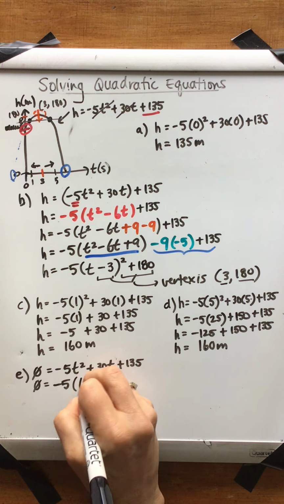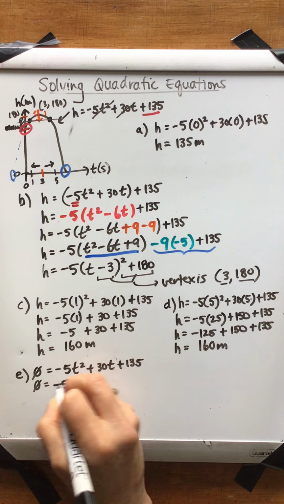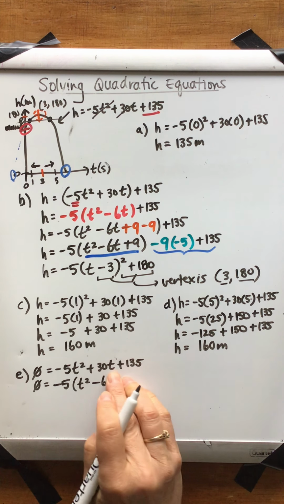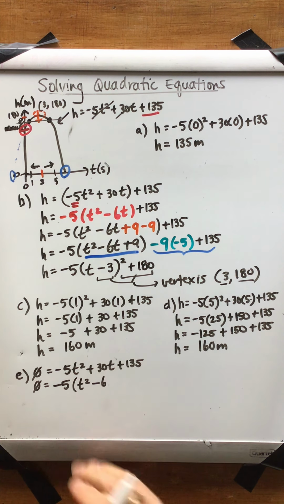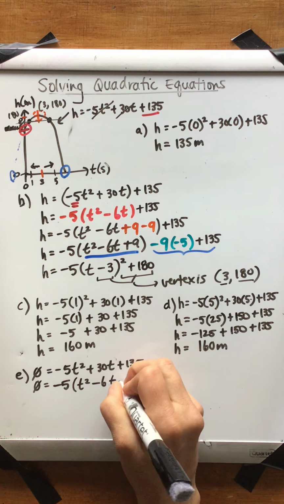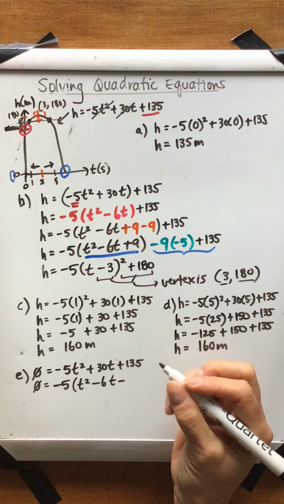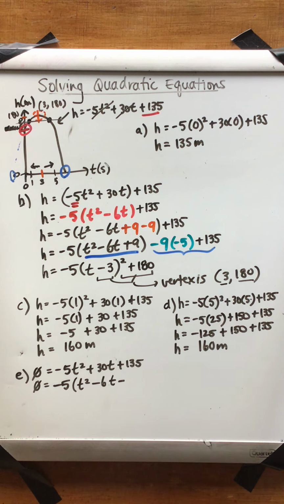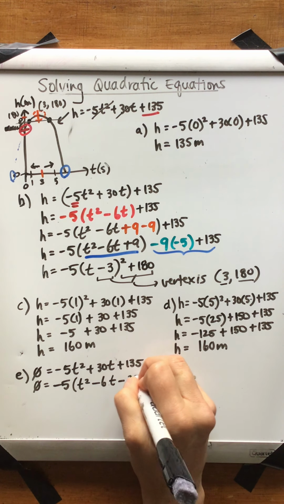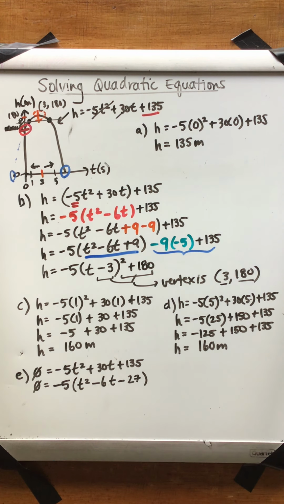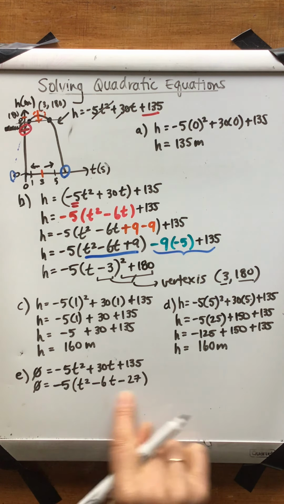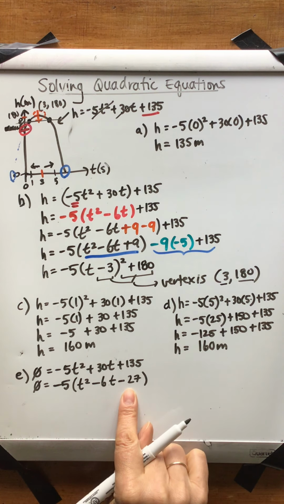If we take out negative 5, we're going to be left with t squared minus 6t minus, I need my calculator for that one. 27. There we go. Sorry about that. So then, can I factor what's in brackets? Well, it's not a perfect square trinomial.